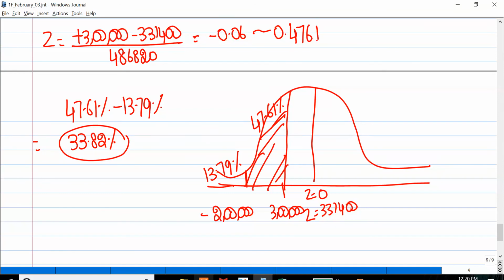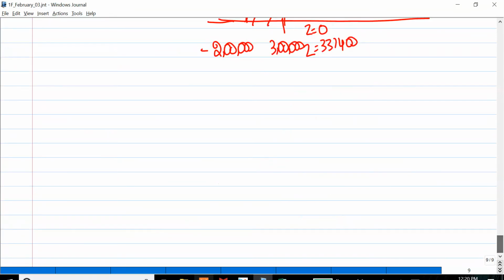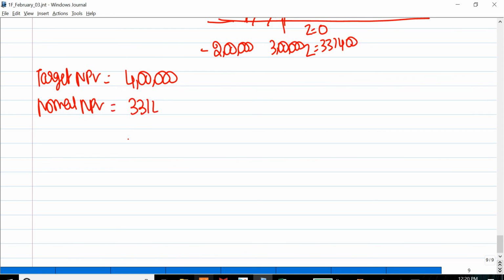The last one is 4 lakhs. Target NPV 4 lakh. Normal NPV 331,400. Standard deviation 486,820.